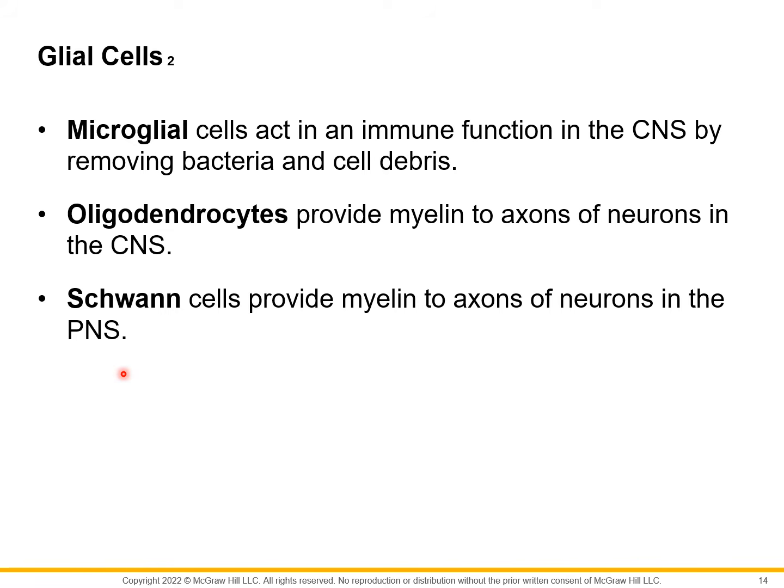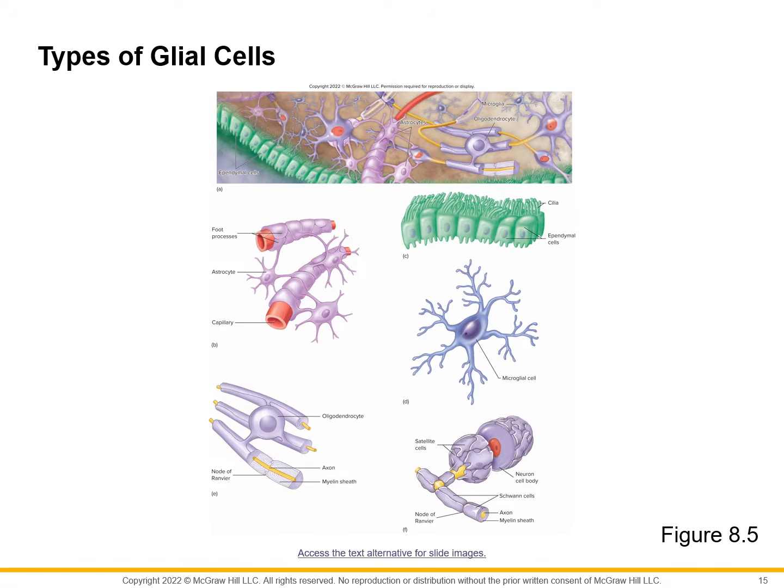So again, in comparison to oligodendrocytes, no, they also provide myelin. Pero ang oligodendrocytes nasa CNS, ang Schwann cells ay nasa PNS. So same function, different location. This slide shows us an illustration on what those cells we just talked about would probably look like.